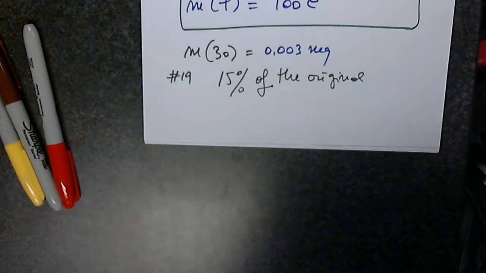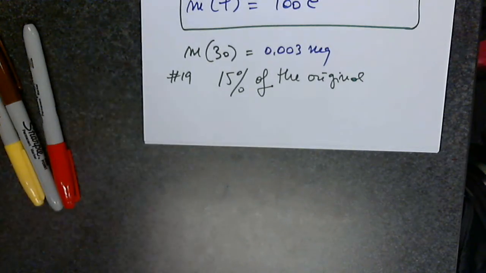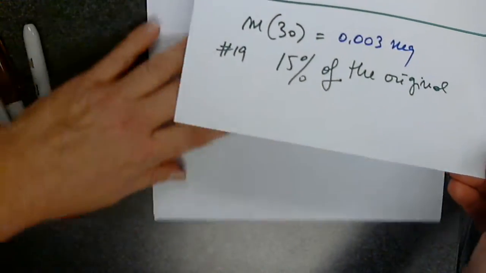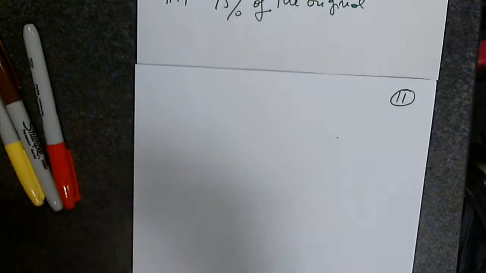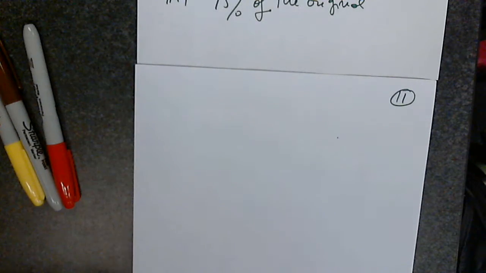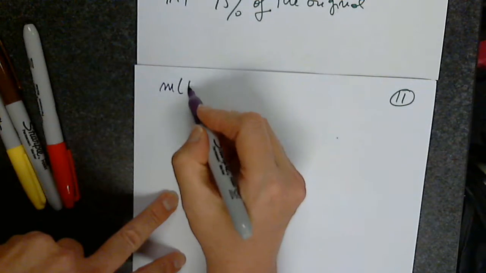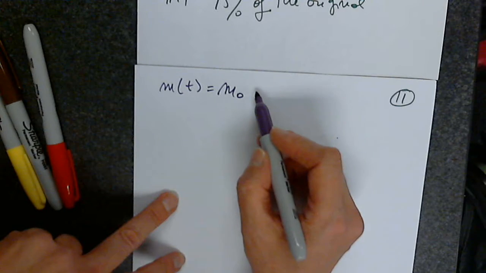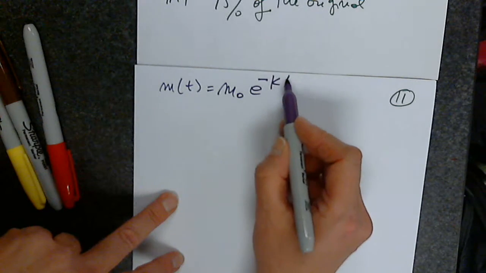Okay. So I know we're talking about radioactive decay. And I know what I have to write. What is the model that I have to write? Can anyone dictate? M of t equals m0 e to negative kt.